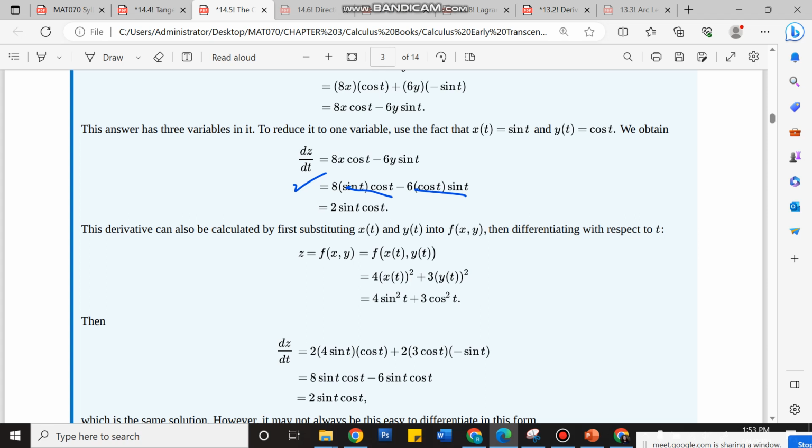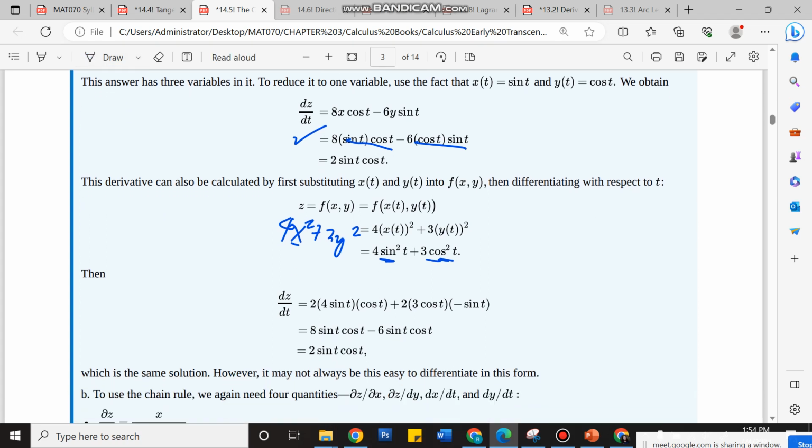Okay. Now, pwede pod class nga mo direct substitute ninyo, di ba, 4x squared man to plus 3y squared. X nato was sine and ang y was cosine. Pwede pod mo mag-direct substitution. You will have the same answer pero different lang ang iyahang solution.